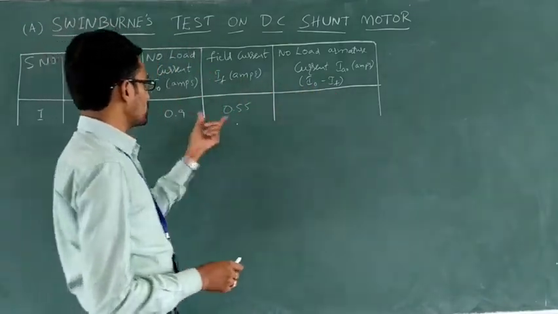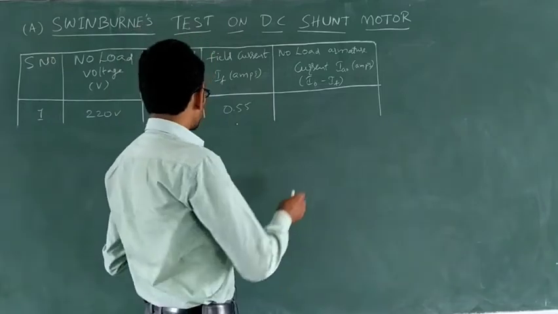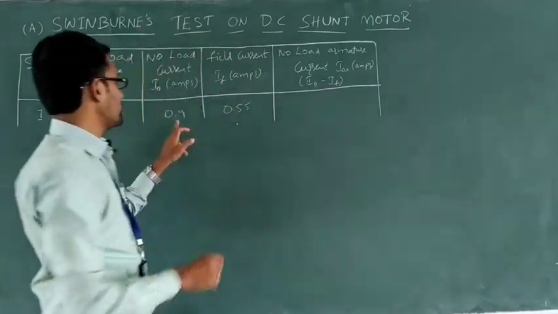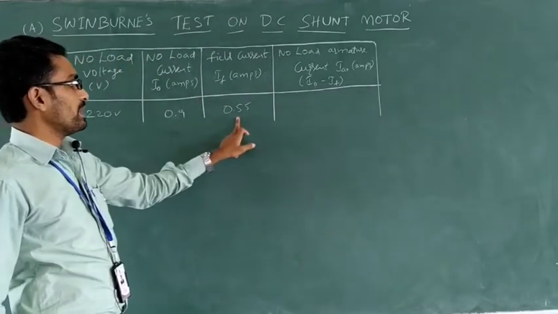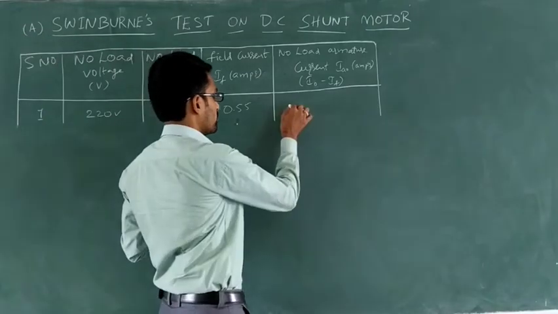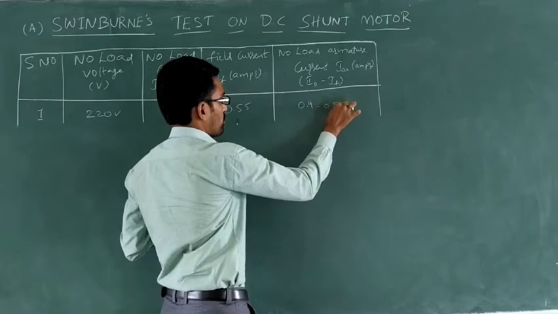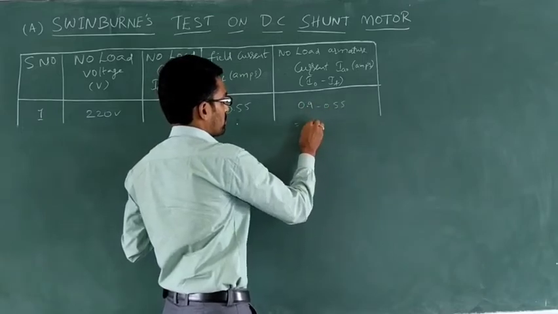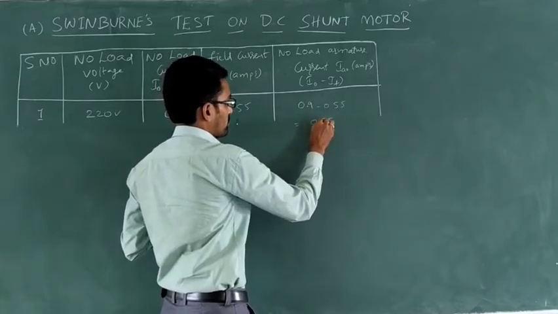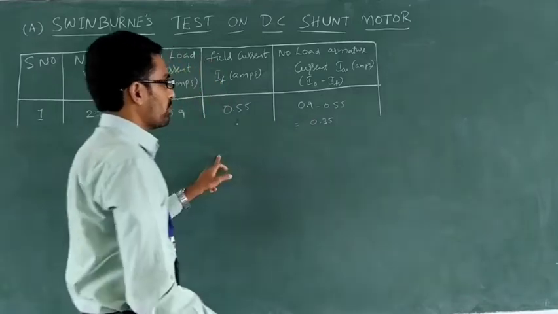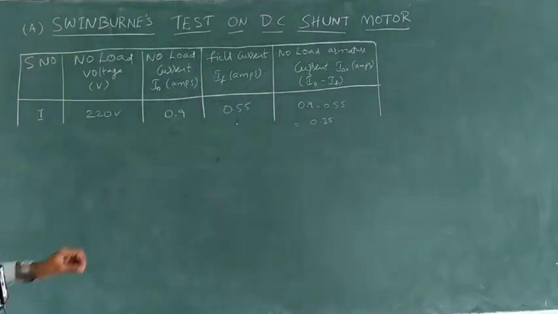So if you calculate, I0 is 0.9 minus 0.55, you are going to get 0.35 amps, that is the no load armature current.